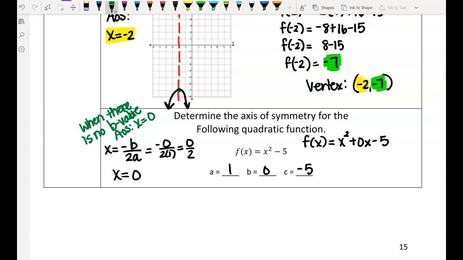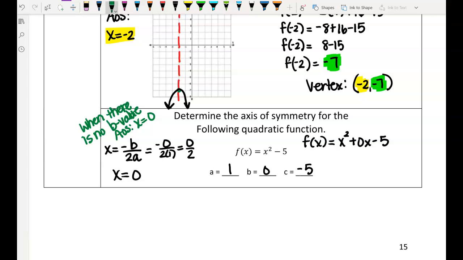So when you have no b value, no x term, your axis of symmetry is always going to be x equals 0, which simply means your axis of symmetry is always going to be the y-axis in that case. It means we are not translating the parabola left or right. Your axis of symmetry is going to be on the y-axis, which means your vertex is going to be on the y-axis.